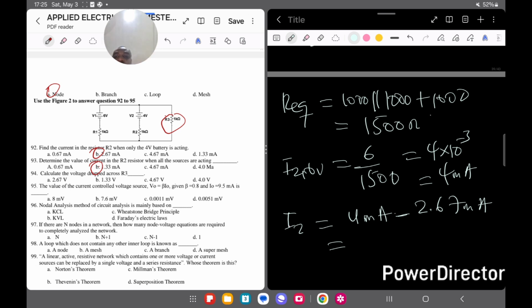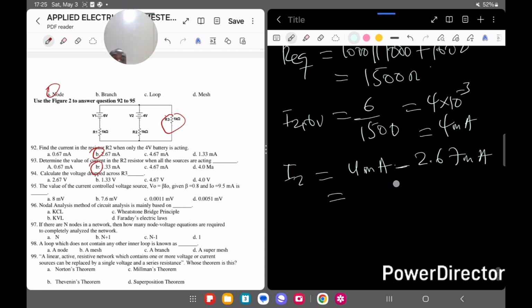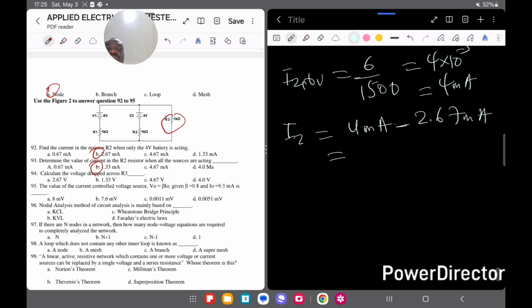Because here, based on the procedure, we are not given any instruction. So I can use any method to get R3. I don't want to use superposition theorem. I can use superposition, but it's going to take much time, I think. So let me use a different method. I will be using Nodal Analysis to solve for question 94.